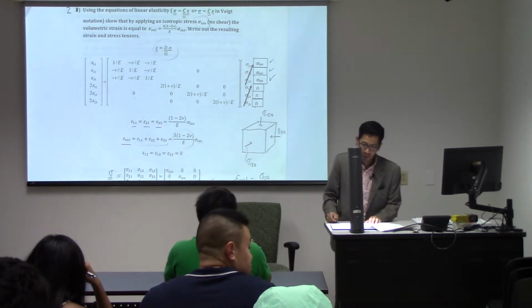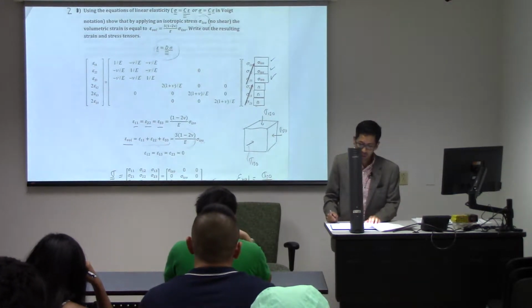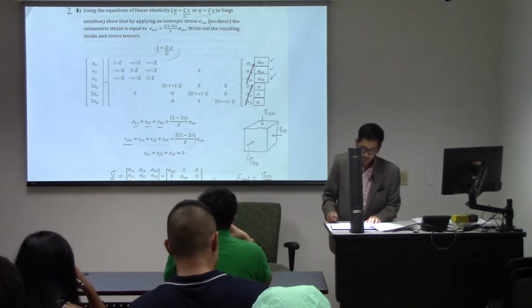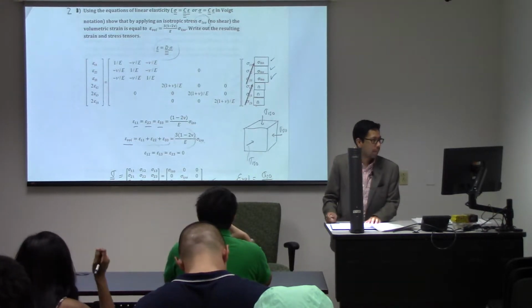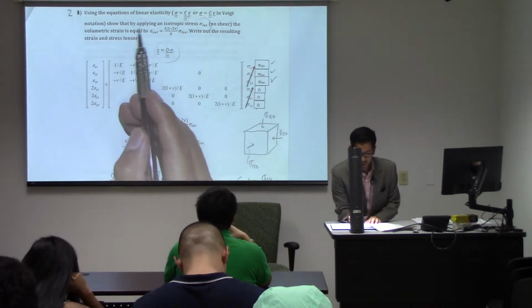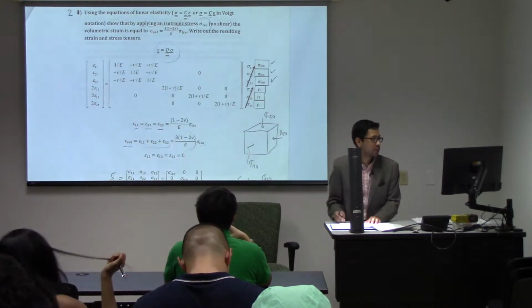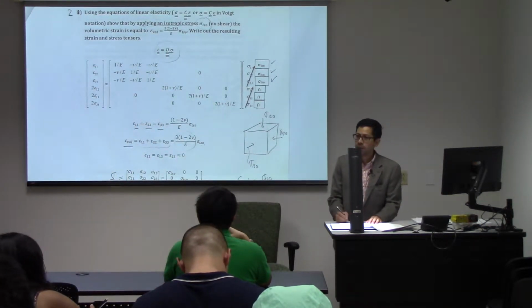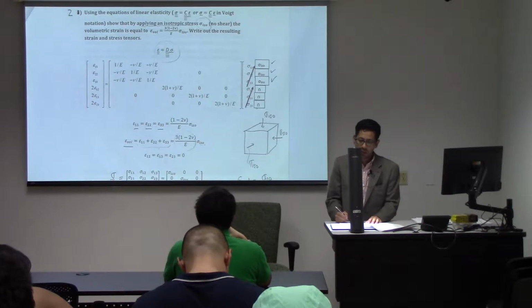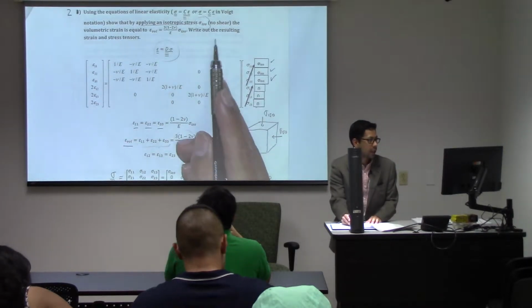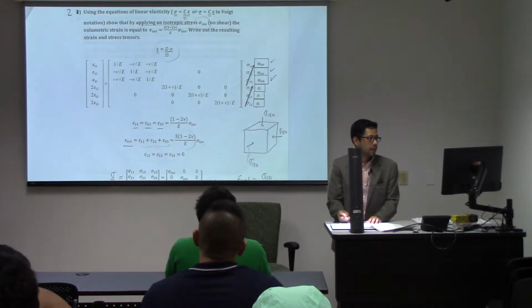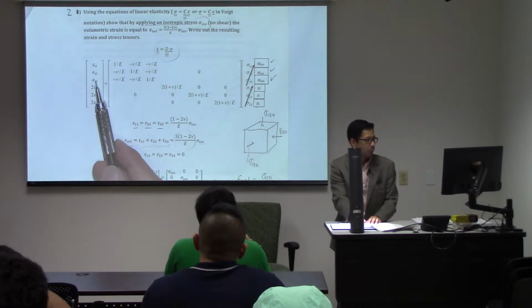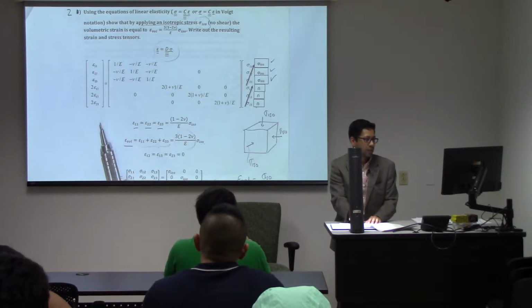And in this case, what you're asked to do is to apply an action, which is in this case an isotropic stress. Isotropic means the same in all directions, with no shear, and to find out what are the values of these strains.